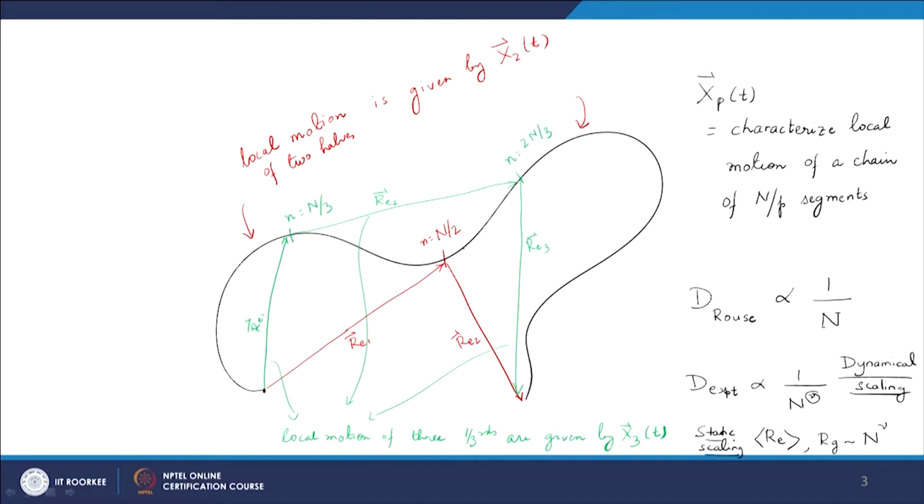This particular result comes out to be somewhat surprising to begin with, because on one hand Rg is a quantifier of a length and D is a quantifier of some kind of motion of a polymer chain. So, the fact that we get the same scaling law for both of them is somewhat surprising. However, keep in mind that both of them represent the equilibrium behavior.